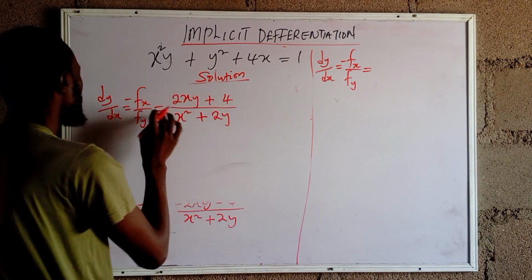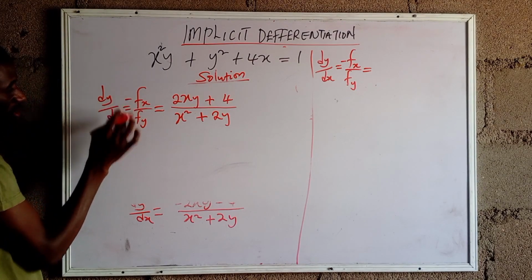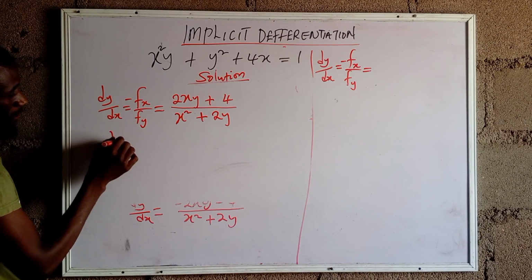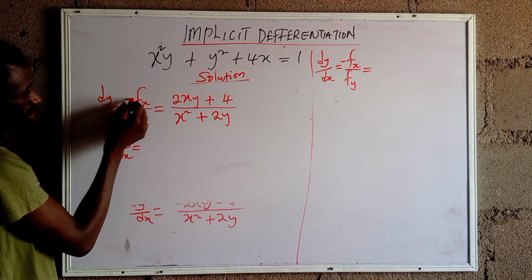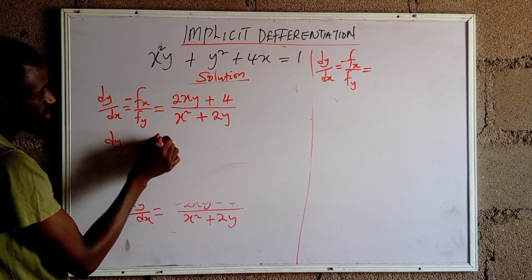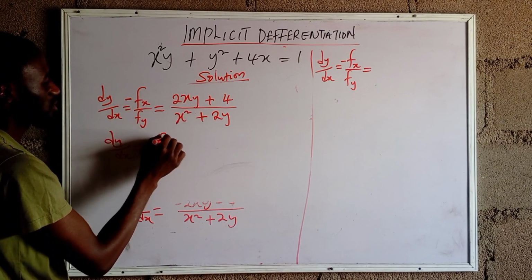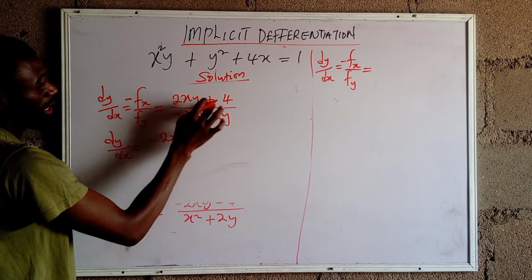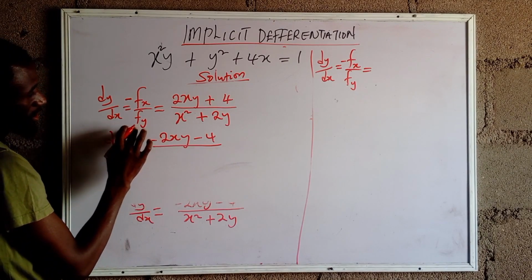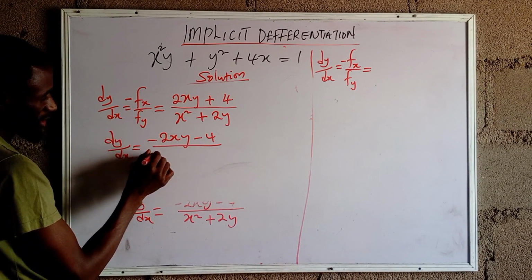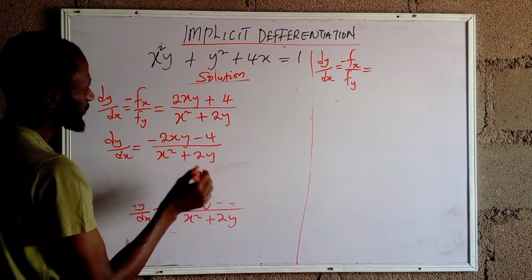Then lastly, you have to multiply the numerator by minus. If dy over dx equals, then you multiply minus with the numerator: minus times 2xy gives minus 2xy, and minus times plus 4 gives minus 4, all over x squared plus 2y.